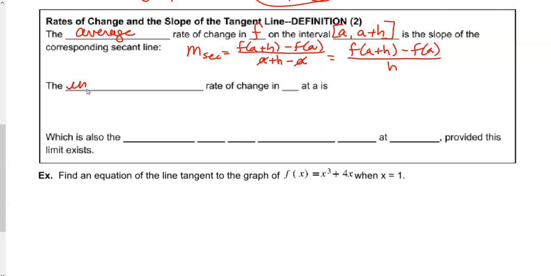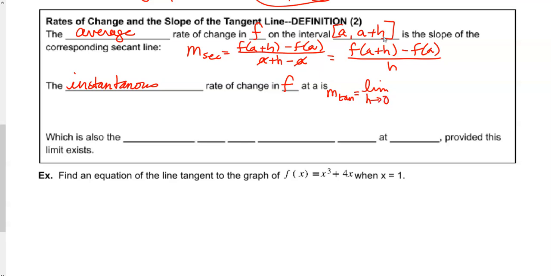But with derivatives we're looking for the instantaneous rate of change of f at a. Now we get to do the slope of the tangent line, which is basically taking the limit as h goes to 0.